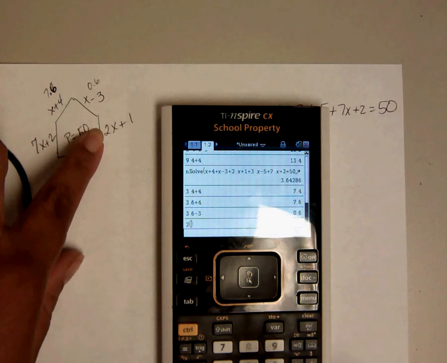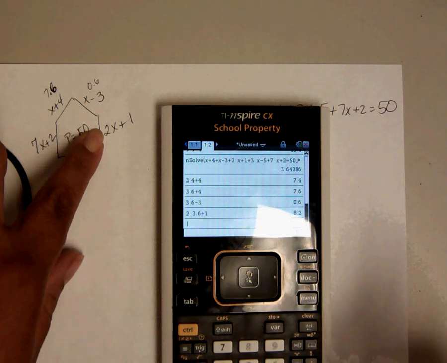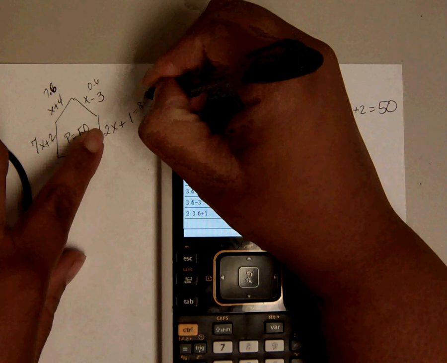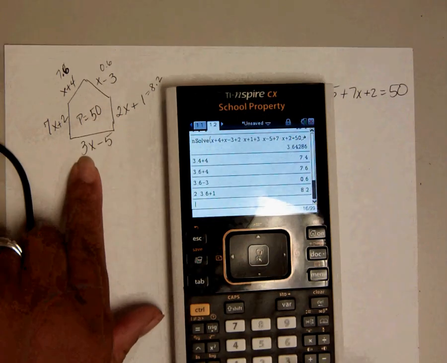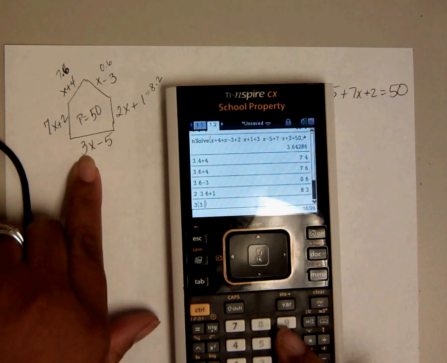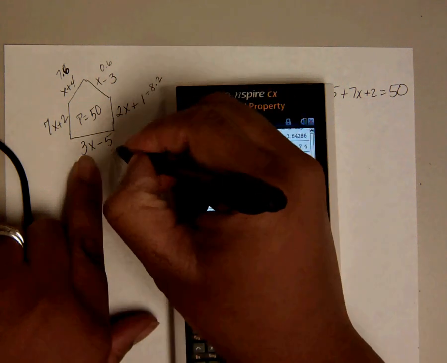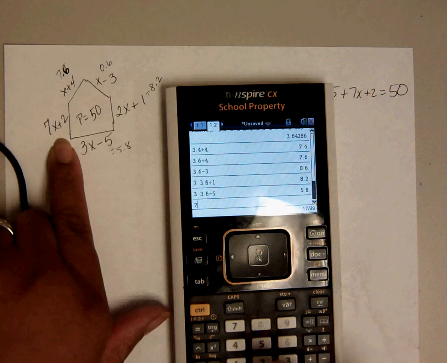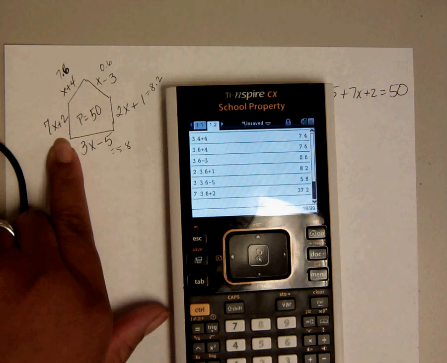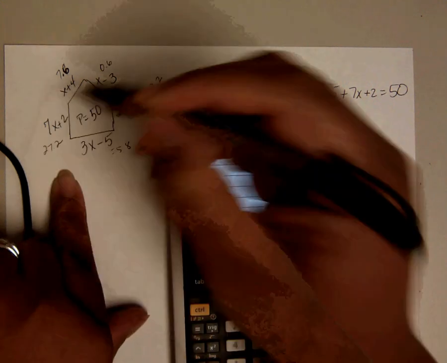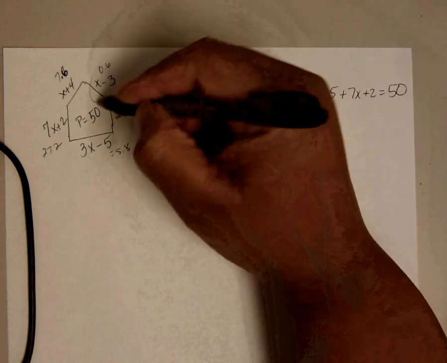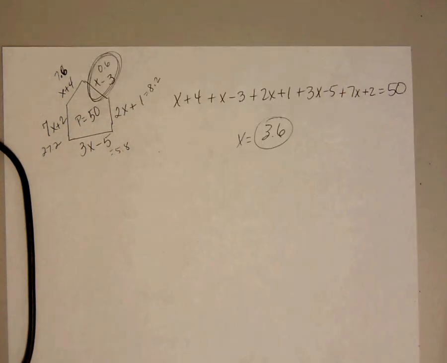So 2 times 3.6, close parentheses, plus 1, 8.2. Okay? And 3 parentheses, 3.6 minus 5, 5.8. And now we do 7 times 3.6 plus 2 is 27.2. So which is the shortest side? It will be that side there.